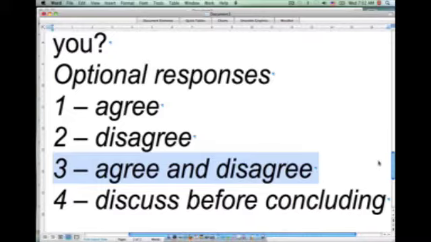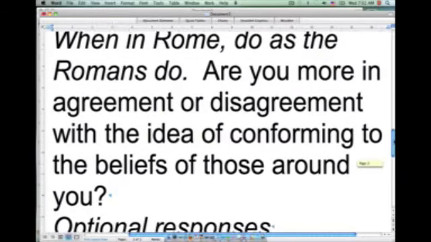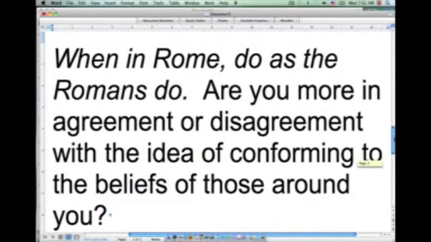Okay, so now let's take one quick review of the question, and then we'll start our writing together. So, when in Rome, do as the Romans do. Are you more in agreement or disagreement with the idea of conforming to the beliefs of those around you?